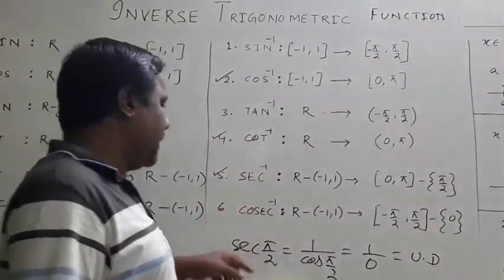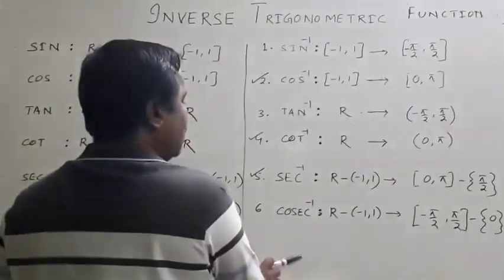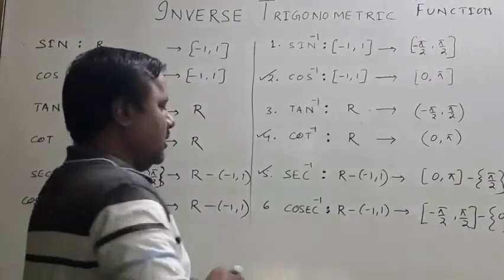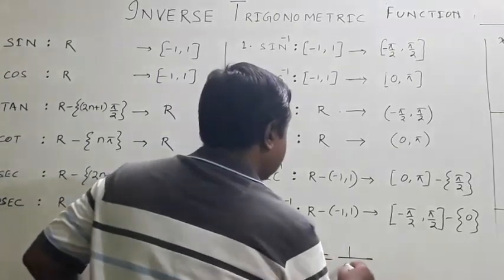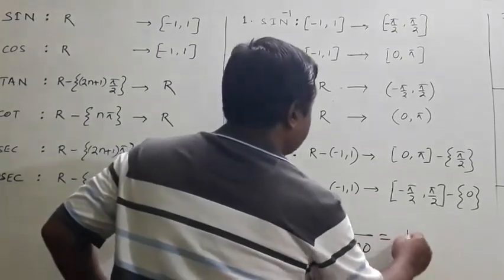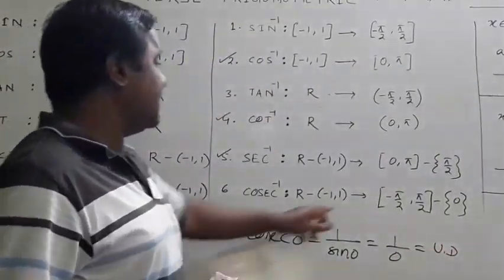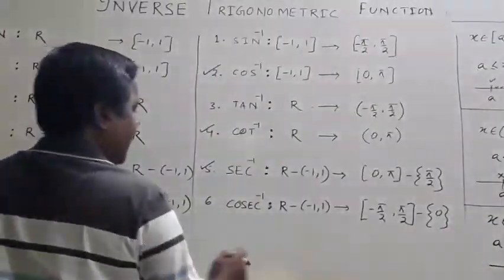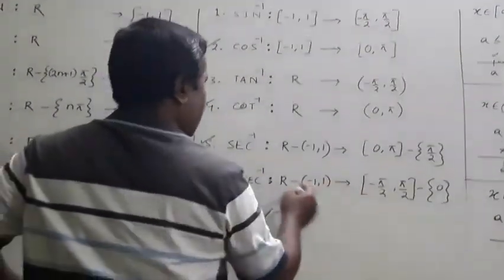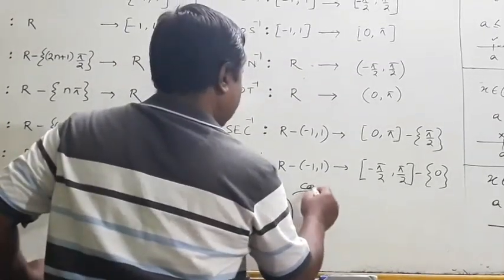Similarly, the same case here: sin 0 is 0, and cosec 0 is 1/sin 0, which is 1/0, equal to undefined. So within this value, suppose I make one bracket here. Suppose 0 is here and this is cosec inverse.